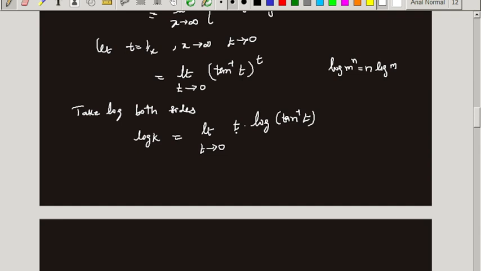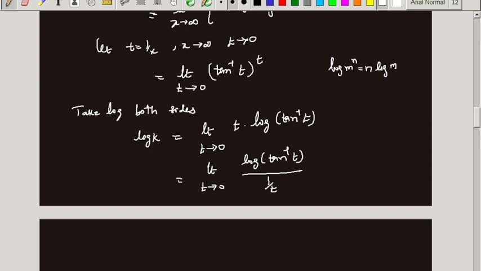Now this is the form of t into log of tan inverse. So we do not have f of x by g of x. So we modify this one. We write it as limit t tends to 0, log tan inverse of t as it is, and this t we write as 1 by t in the denominator.